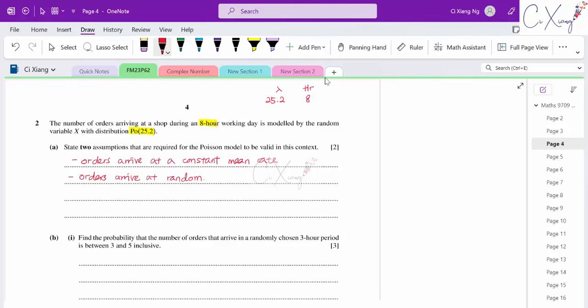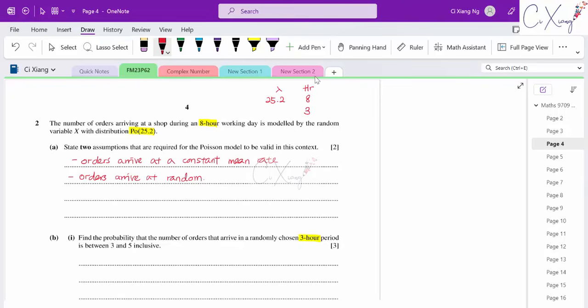Okay, then now we proceed to part B. They want us to find the probability that the number of orders arriving in a randomly chosen 3-hour period is between 3 and 5 inclusive. Before we can calculate the probability, the period already changed from 8 hours to 3 hours. Therefore, we have to get the new lambda first.